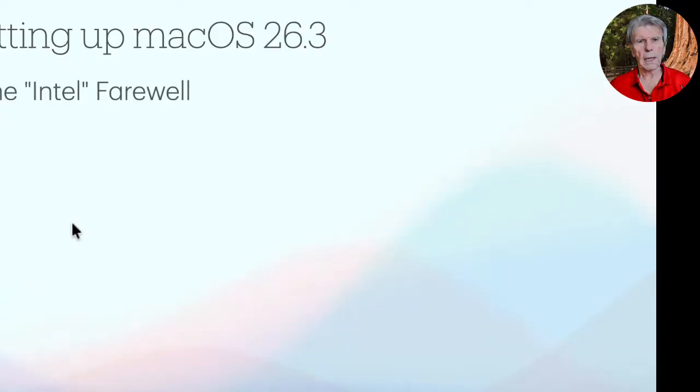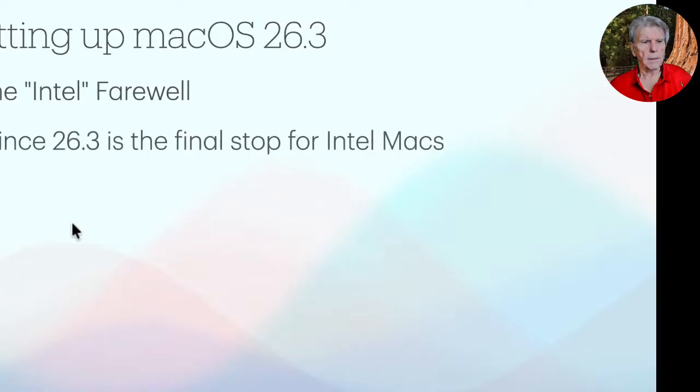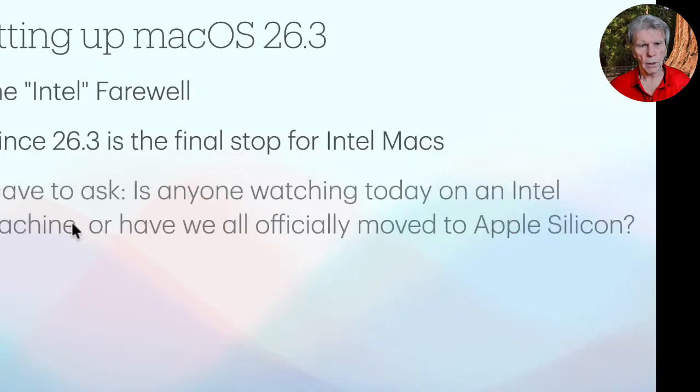So just a heads up here that 26.3 is the final stop for Intel Macs. In other words, when you get the next operating system, which will be 27, which would be in about a year from now, your Intel Mac will not be able to be updated. So you have plenty of time to consider what you want to do.